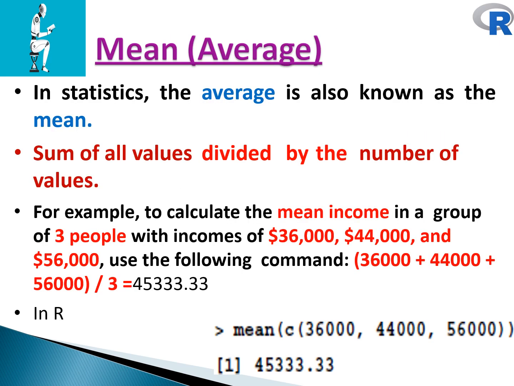Mean. We already studied how to calculate the mean in our first semester. In statistics, the mean is termed as the average value. In order to find the mean of a set of values, we have to find the sum of all values, which is then divided by the number of values.